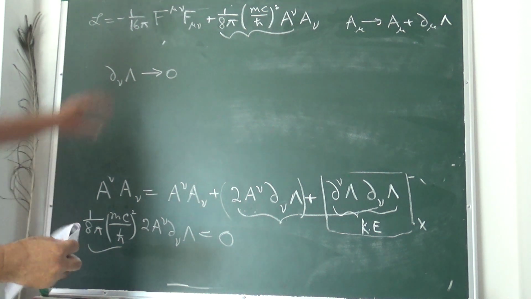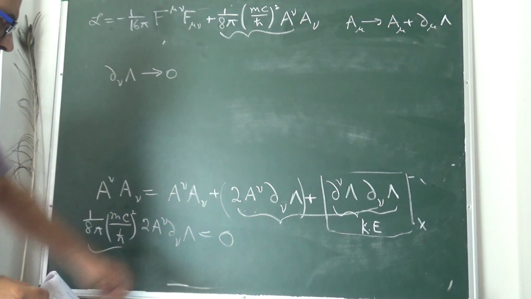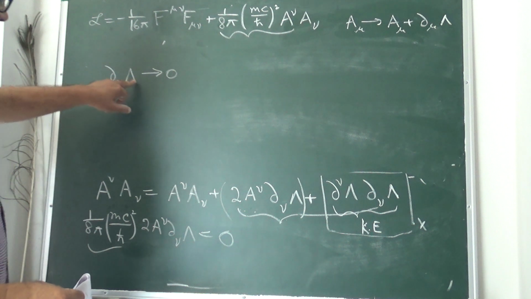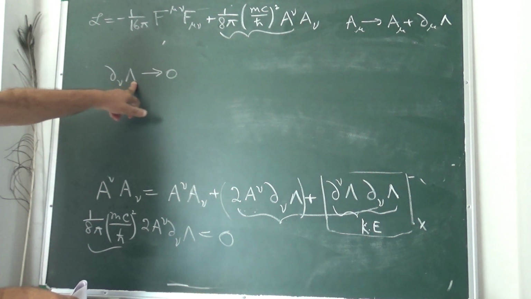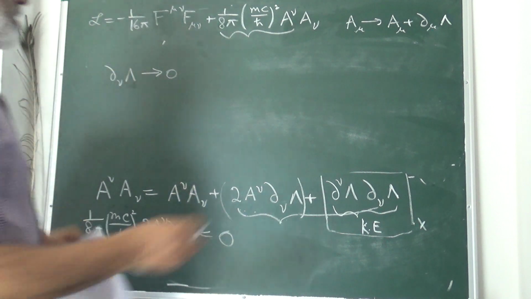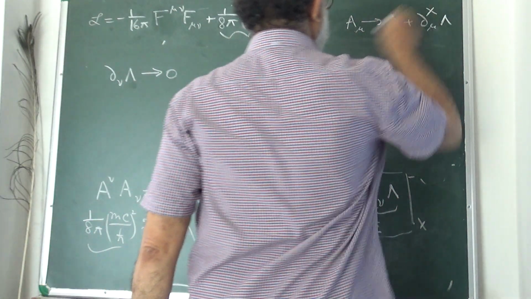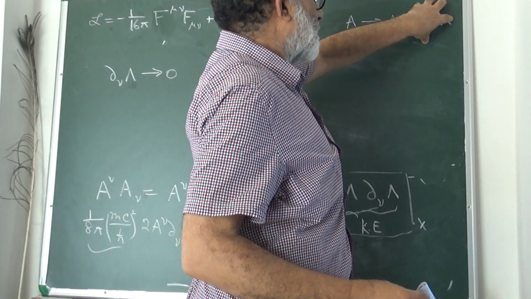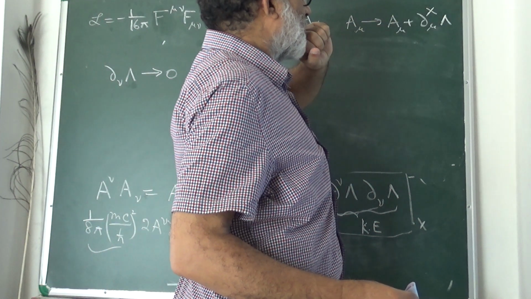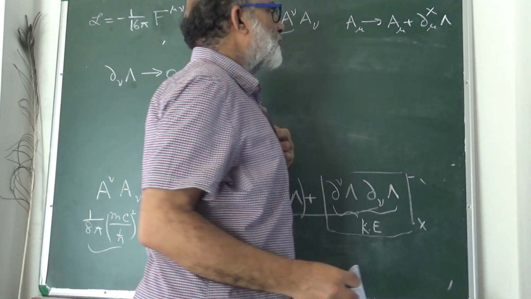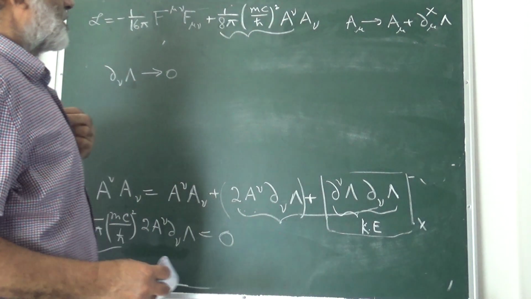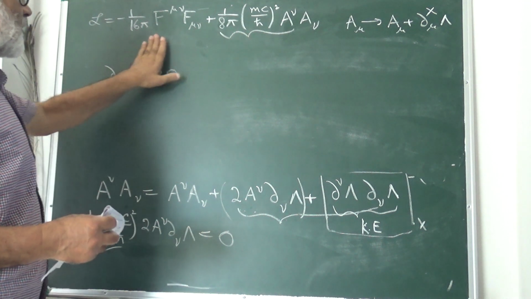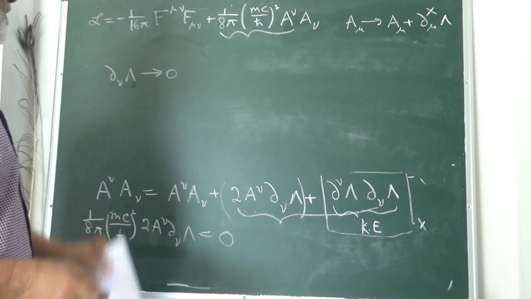If we take this as 0 to make this invariant, it means we are not adding any term for any extra field to A. With this, we are not assuming this. And if we assume this to be 0, our Lagrangian for the Fermat field will not be gauge invariant.